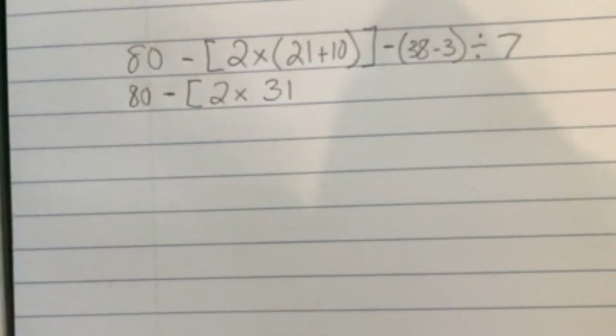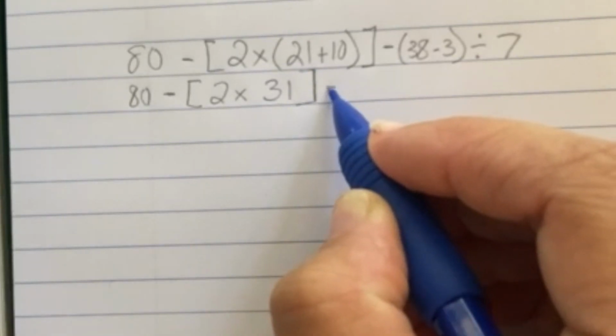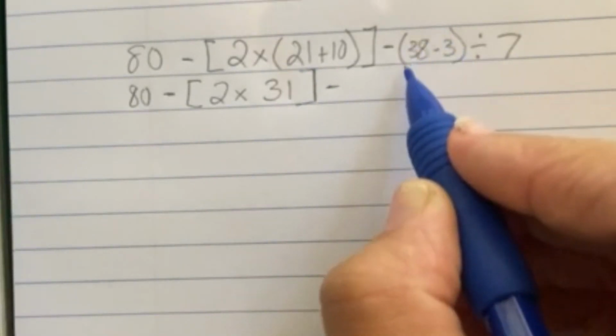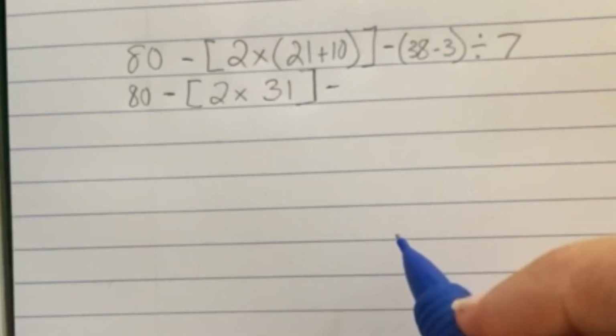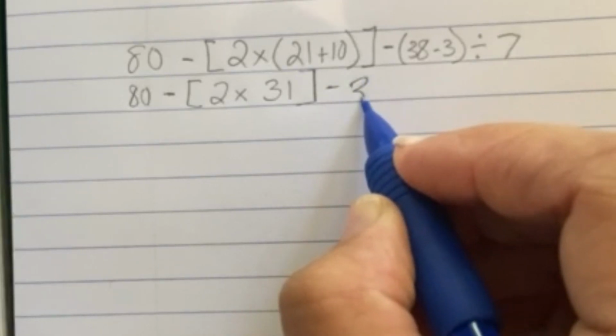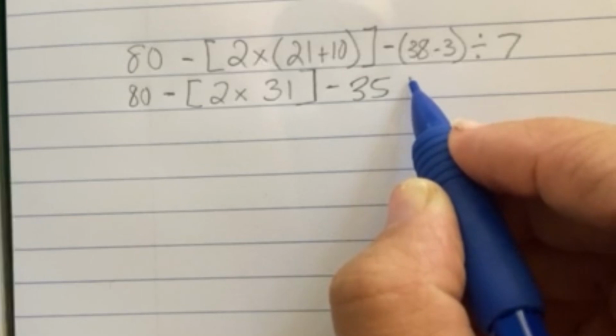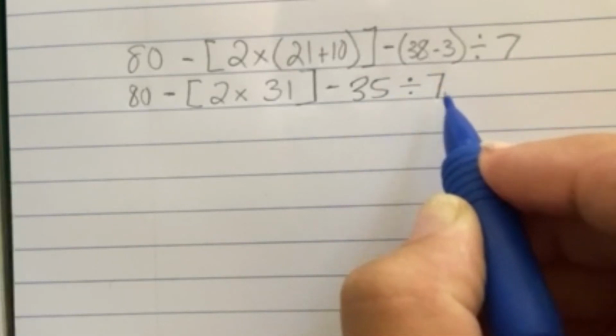So now we have 2 times 31, bracket, and then we're going to subtract. Now we see another parentheses, 38 minus 3, and that's going to be 35. Again, we solve for what's in parentheses, we'll take it out. So we have 35 divided by 7.